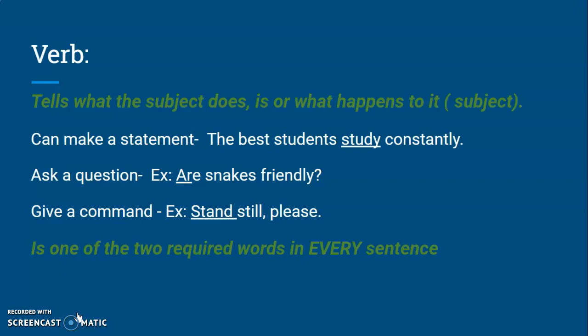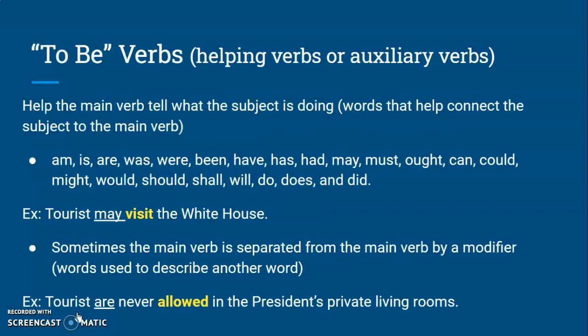Verbs will make statements, they will ask questions, they will give commands. And a verb is also one of the two required words or parts of speech in every sentence. If you are writing a sentence and you do not have a verb, it is not a sentence. You must have both a subject and a verb.